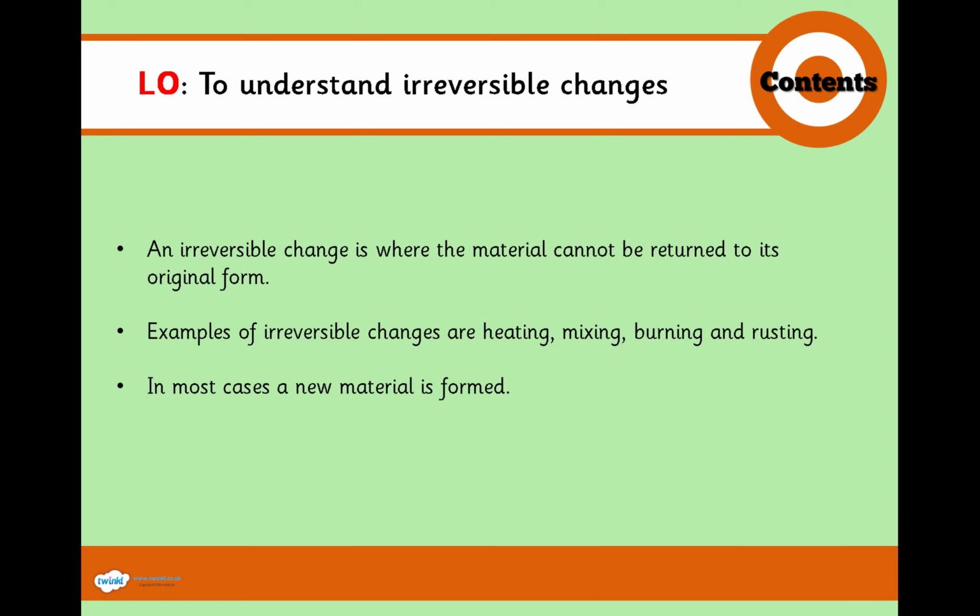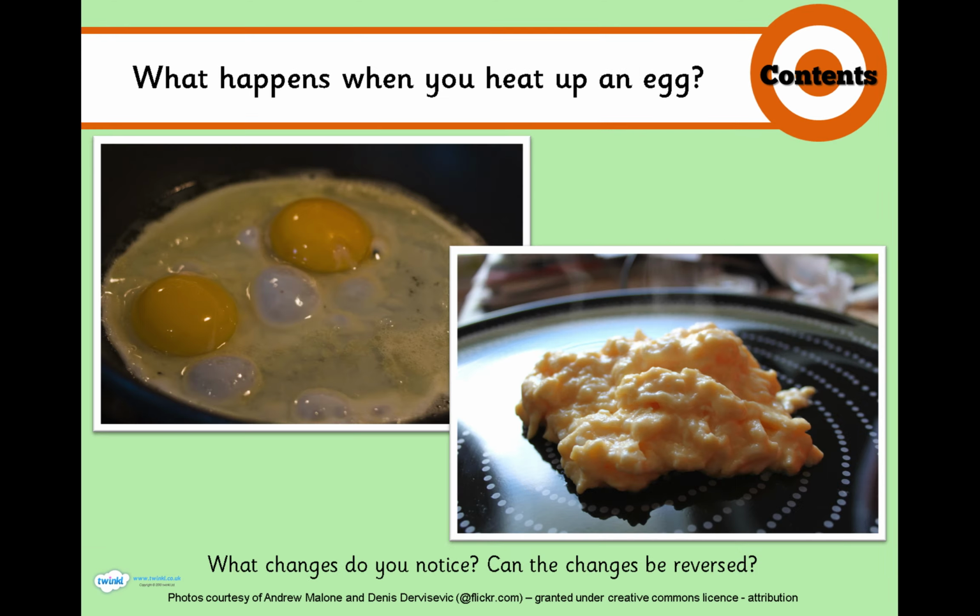So examples of irreversible change are mixing, heating, burning, and rusting. Now, in most cases, a new material is formed. The reason we can't make it go back is because the metal turns into something else, and when you heat something, burn something, or mix something, they react.